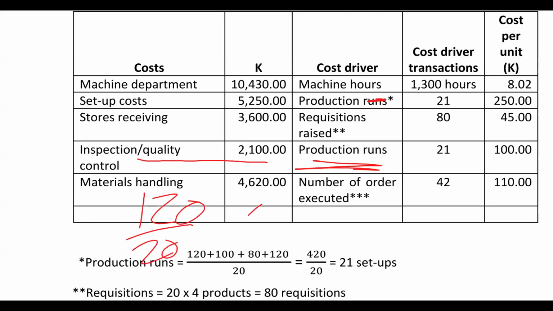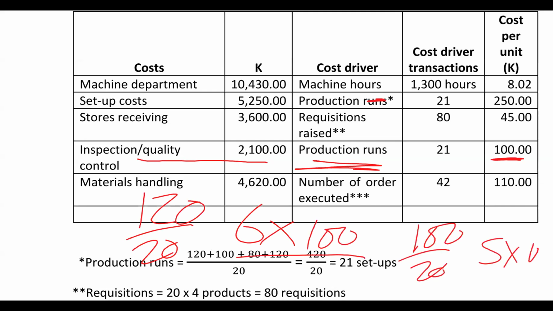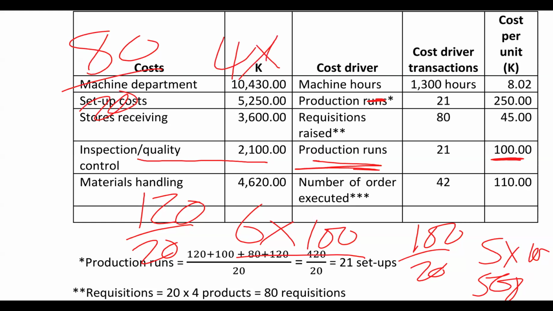That gives you 6. Then 6 times this 100 gives you 600. Product B has 100 units divided by 20, that is 5. 5 times 100 gives you 500, just like that. Next is product C with 80 units, divided by 20, that gives you 4. 4 times 100 gives you 400.